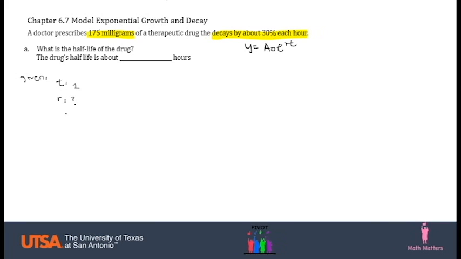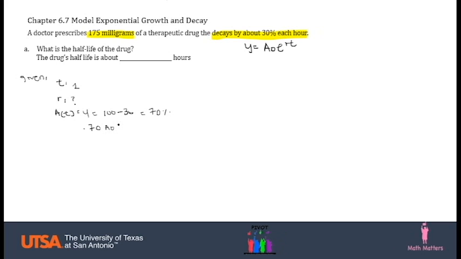And then we're given the a of t, also the y, is going to be 100 minus 30. 100 is starting and 30 is decaying by 30%. So you're left with 70%. And then 70% of initial can be written as 0.7 of initial.